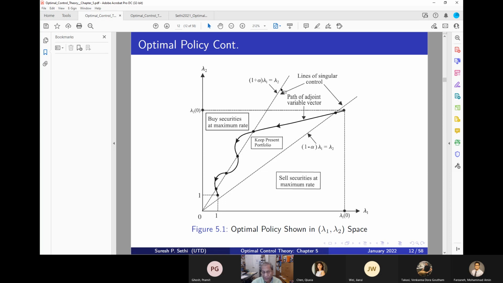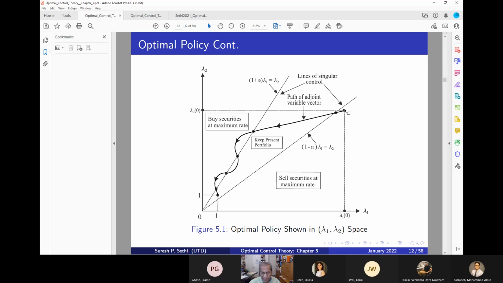These are the singular control equations where the two switching functions are equal to 0. On this side, I buy securities, and on this side I sell securities, and in between I do nothing. So when I solve lambda 1t and lambda 2t, I will get the value lambda 1 0 and lambda 2 0, at this point.